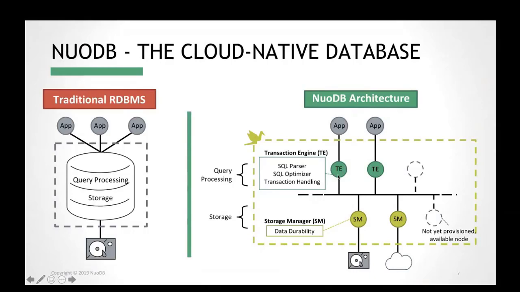We have a transaction engine layer and a storage manager layer, and those two layers scale independently. The transaction engine is running the SQL statements on behalf of the clients, while the storage managers are then making any DML statements, any insert, update, or delete statements durable to disk.